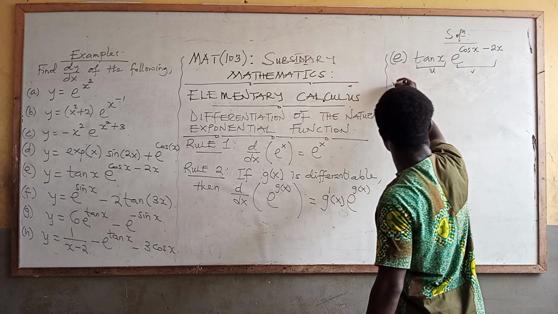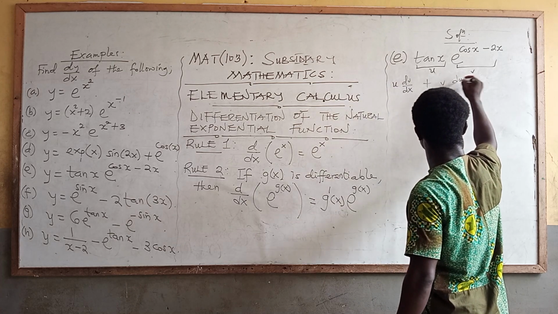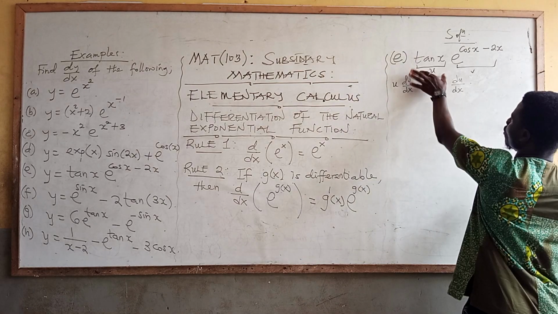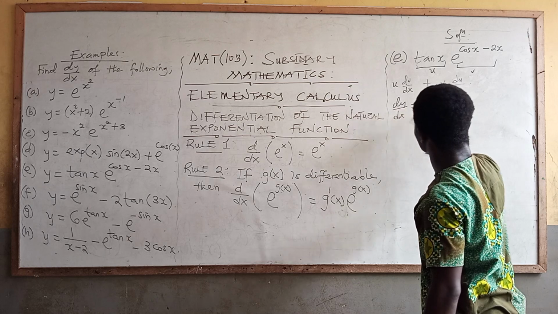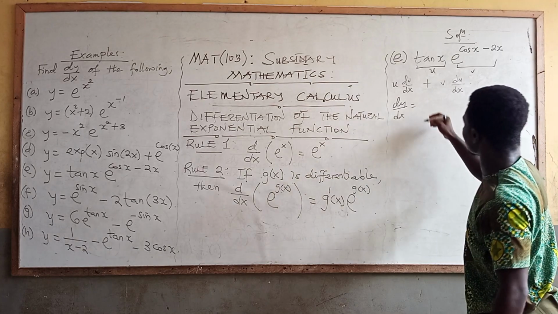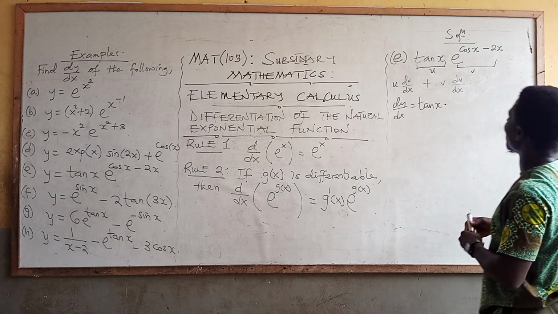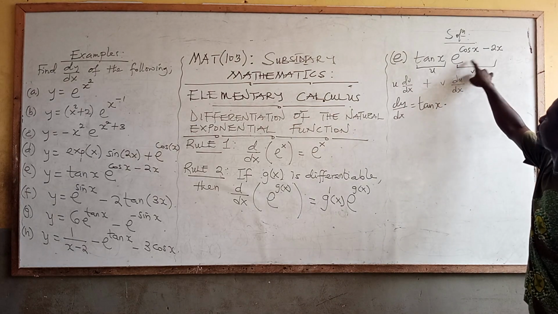Right. So which is u dv over dx plus v du over dx. So I said hold u constant. So I have my dy over dx, which must be equal to, I hold u constant, which is tan x, times I differentiate v with respect to x. You want to differentiate exponential?